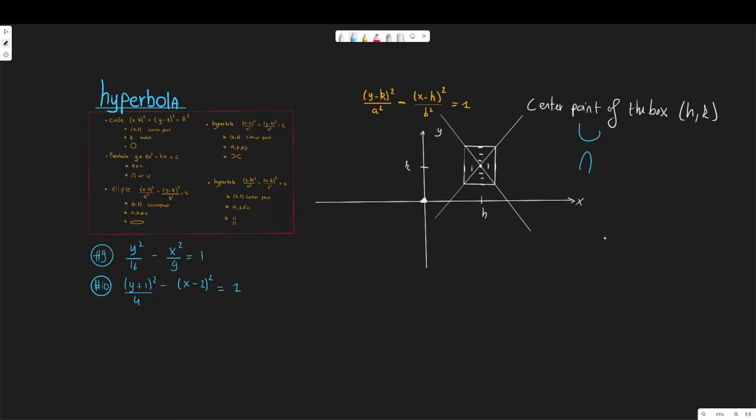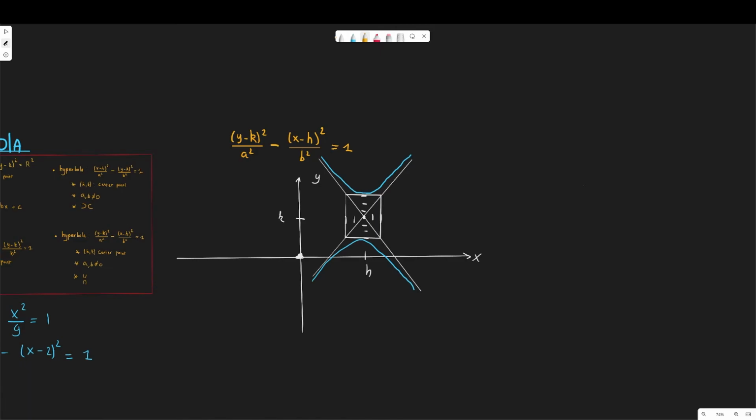So let's follow the y asymptote, hit the box in the middle, and then go back following the asymptote, and now repeat the procedure for the opposite side. So we're following the asymptote, hitting the box in the middle, and then going back following the asymptote like this. And this will be the sketch of our hyperbola of this form.